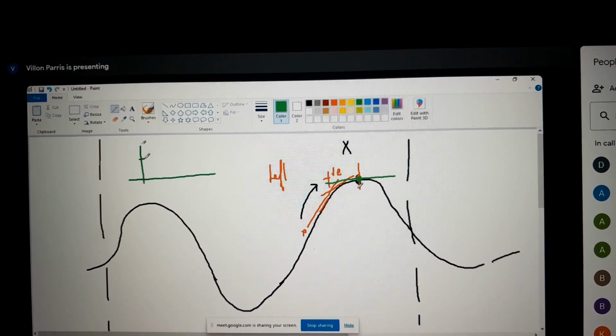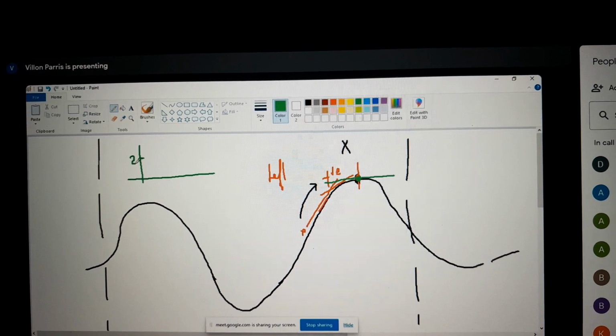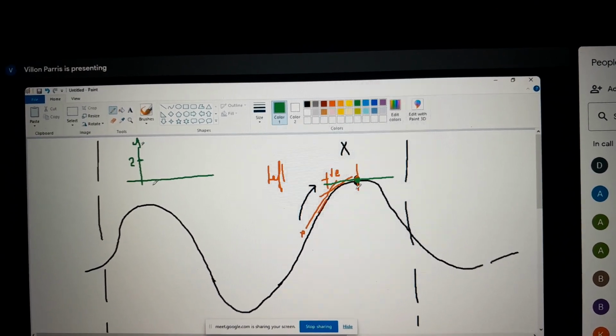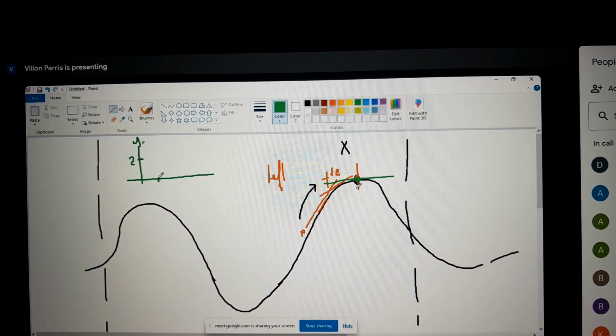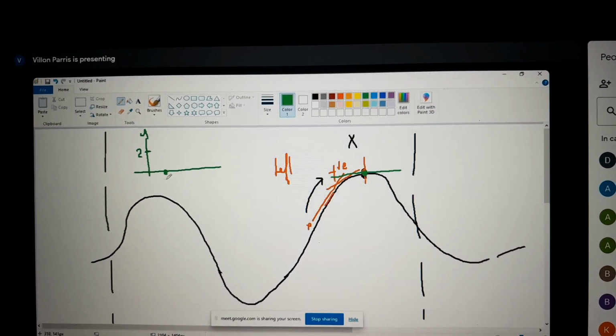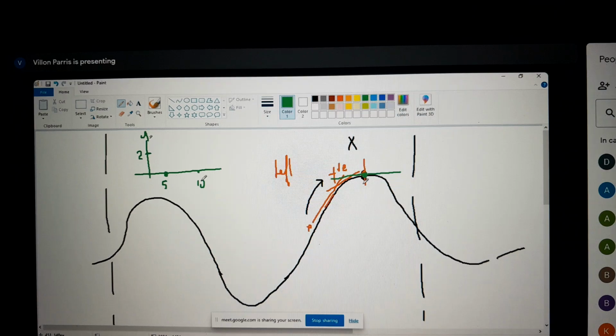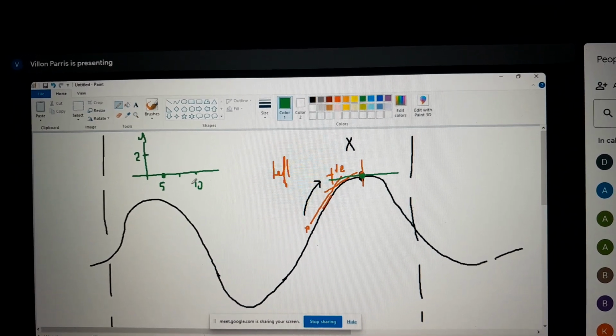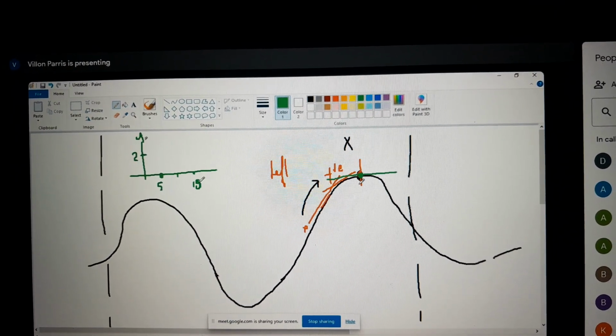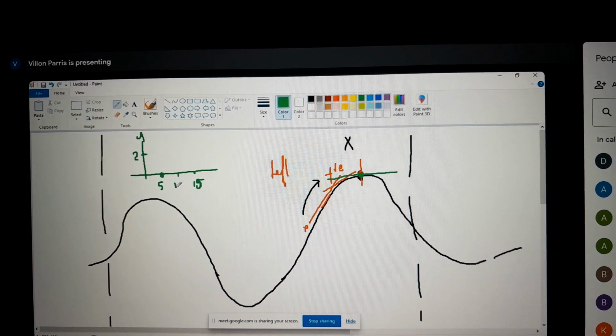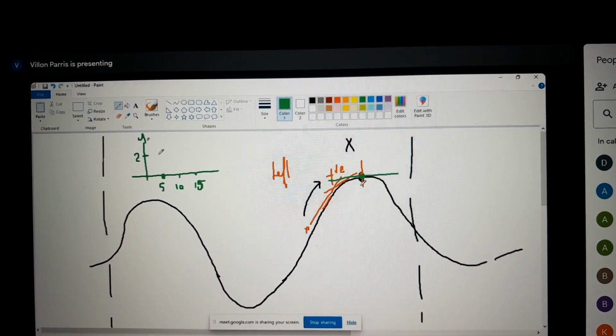So let's say this is the point 2 on Y. And let me call this 5, and call this 15. Right? So let's look at this line AB.